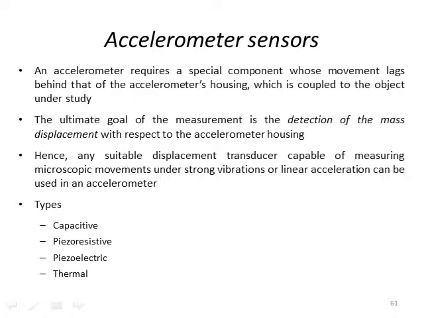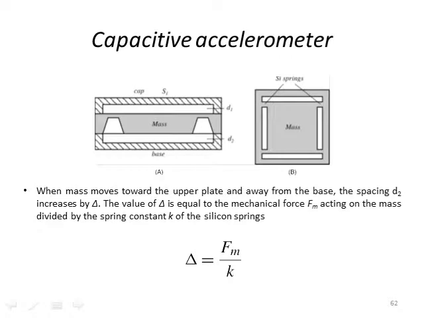So we're going to now look at some different types of accelerometers: capacitive, piezoresistive, piezoelectric, and thermal. A capacitive accelerometer basically has a base, a cap, and a mass, and the mass is the part that's going to be vibrating, for example.